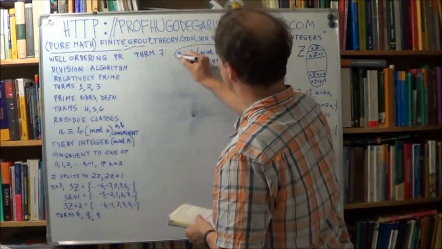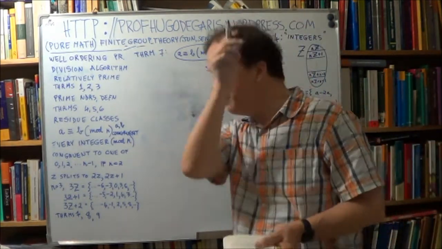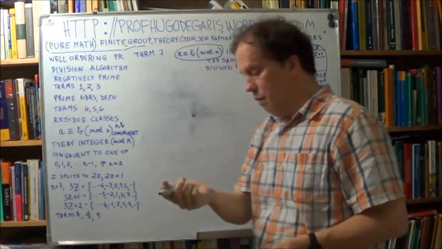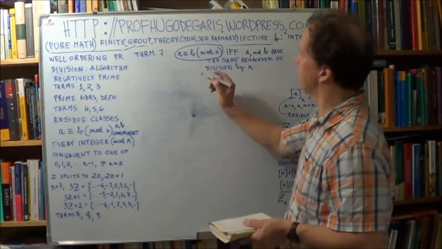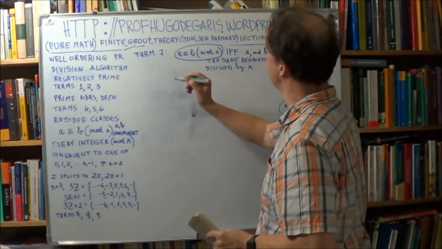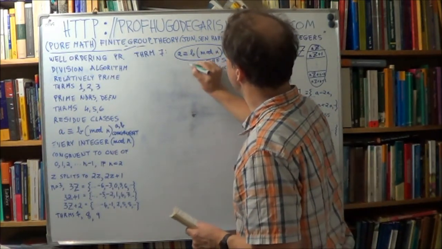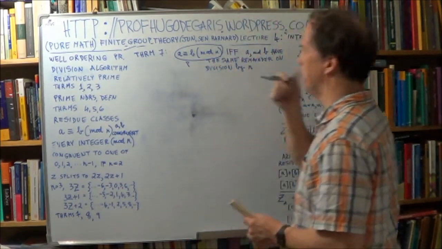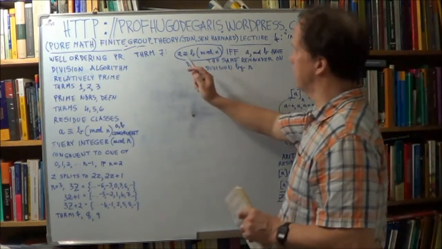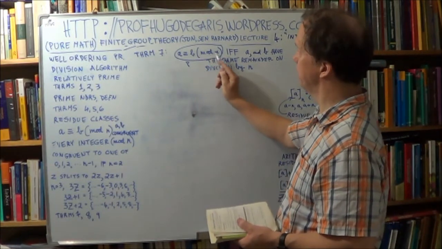So now we've got to do an if and only if type proof. So we have to go both ways, from left to right and from right to left. We've done this several times now. You're probably getting used to it. So let's call this left-hand side statement P, mathematical statement P, that is that A and B are congruent numbers, mod n.